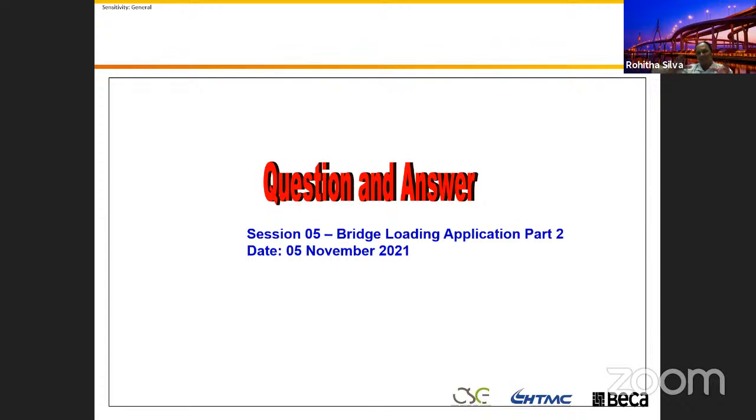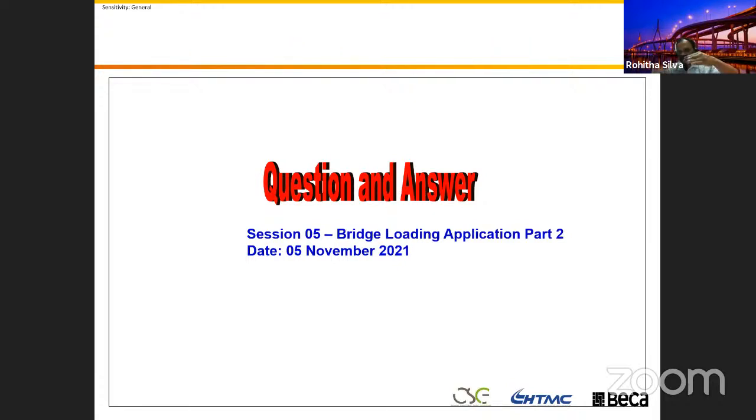These two load cases we mainly use when designing expansion joints. If we use just the 80 kilonewton load or 100 kilonewton load close to the barrier face, or the LM2 axle, the 400 kilonewton axle load on your bridge deck, please note that because bridges are quite long, that load will distribute in the longitudinal direction.